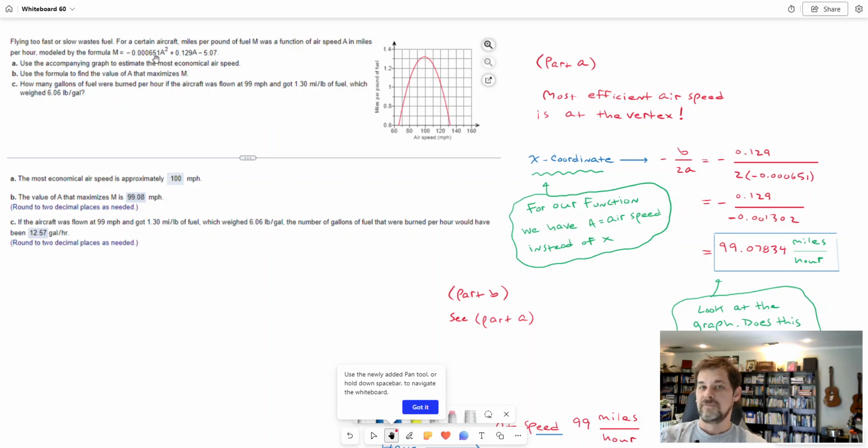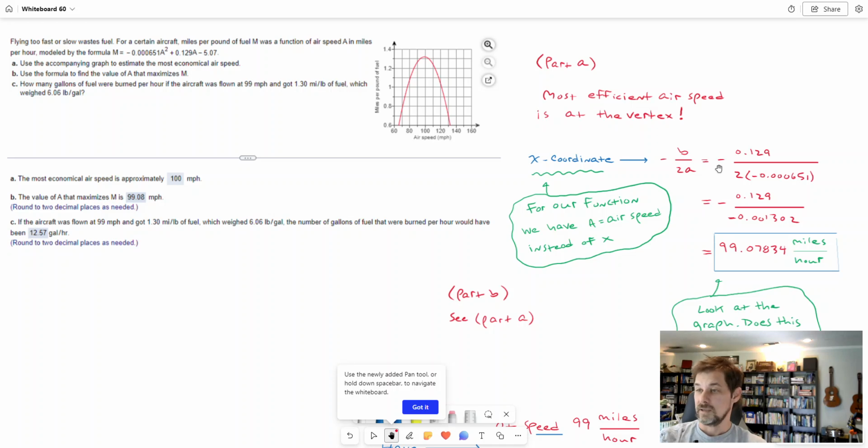So in that formula right there, m, miles per pound of fuel, is negative 0.000651 airspeed squared. That whole formula, we could find the vertex from that, where a is this number, b is this number, and c is that one. We can use our formula, negative b over 2a.